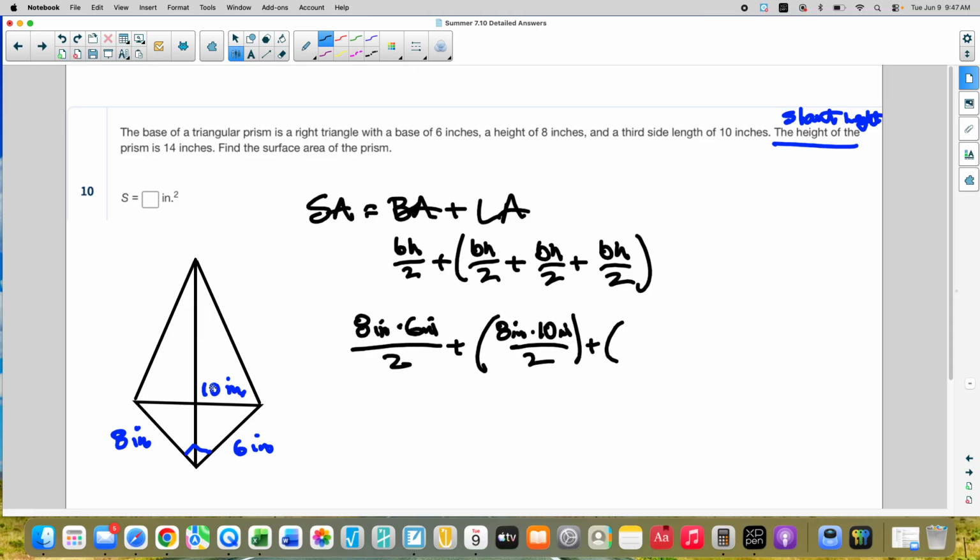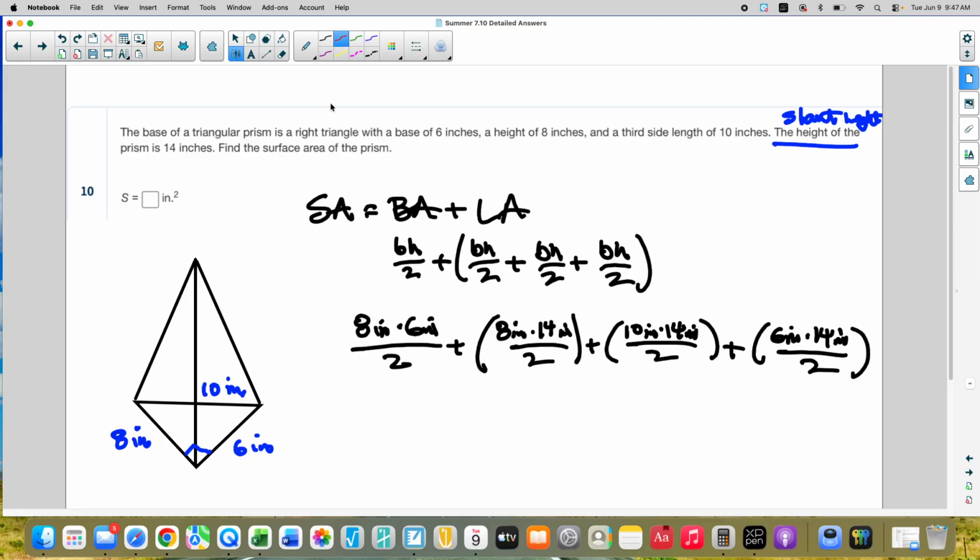Plus, let's go the back one, 10. Oops, sorry. The height is 14 inches. This should be 14. 10 inches times 14 inches divided by 2, plus let's do the right one, which is 6 inches times 14 inches divided by 2.